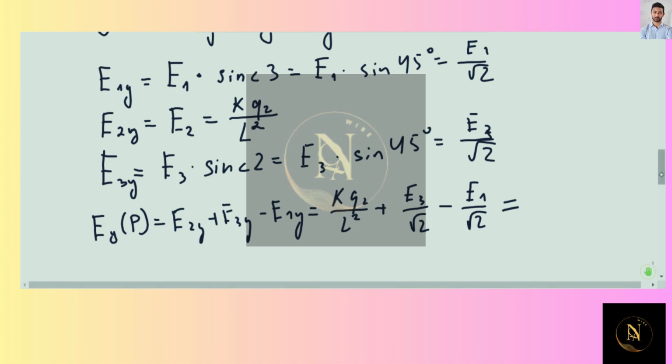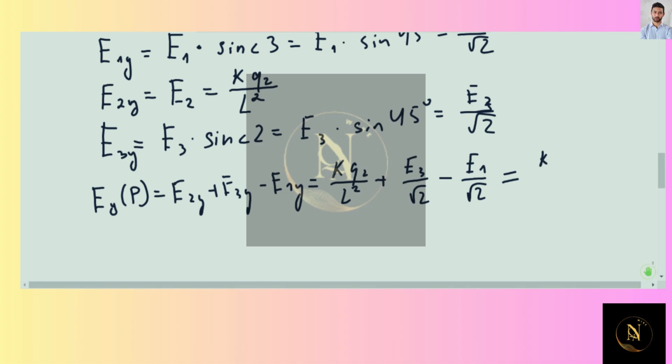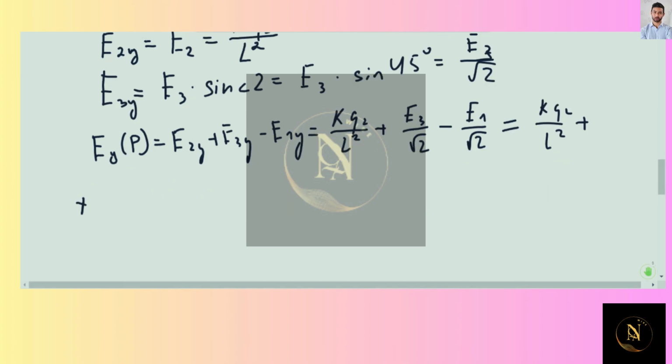So which equals kQ2 over L squared plus, again E3 equals, so let's simplify it a little bit, 1 over square root of 2 multiplied by E3 minus E1. Similar to the previous part, but with a negative sign instead of a sum.